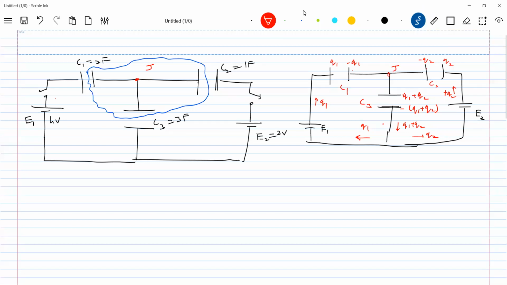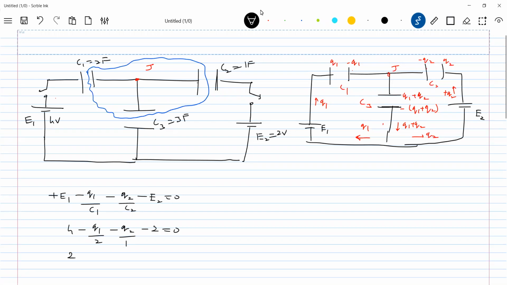Okay, now write the loop equation. So plus E1, looking at the circuit, minus Q1 by C1 plus Q2 by C2 minus E2 equal to 0. So E1 is 4, Q1 by 2, Q2 by C2, C2 is 1, E2 is 2, equal to 0.